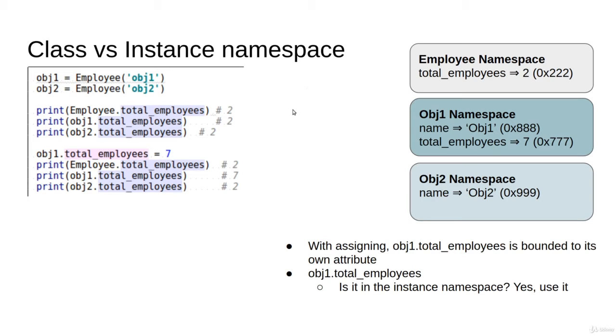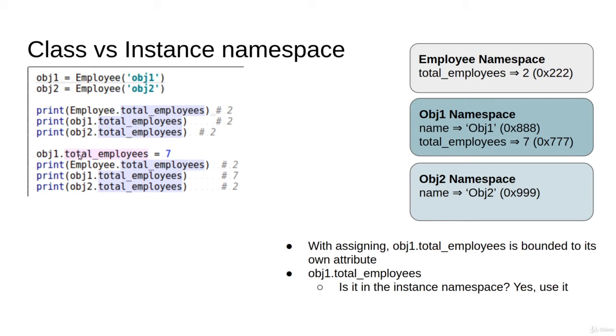Let's proceed more. In this line of code, we started to assign object.totalEmployees equals 7. Observe that, given that you have an assignment statement, this is a new rebinding statement. So I would like you to notice here, there is no total employees attribute in the object. Python is very flexible.